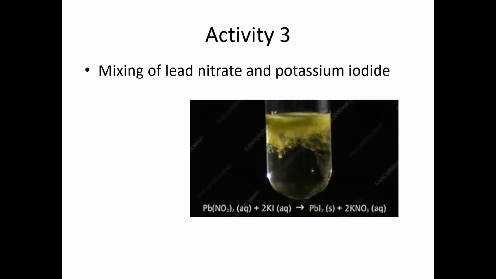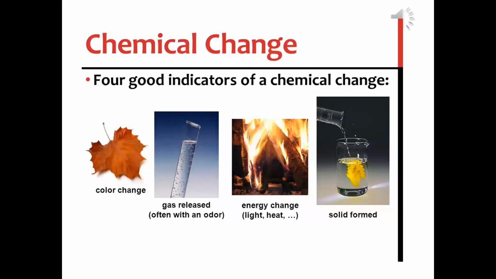Third property is, as soon as you mix lead nitrate and potassium iodide, you see a yellow solid substance formed. So again, that means if there is a new substance, change in color takes place, we call that again a chemical change. Okay. So these are the 4 indicators of a chemical change.